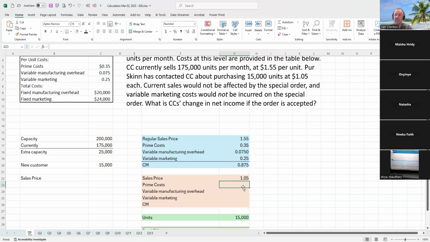Yes, 0.35. Are we going to have variable manufacturing overhead costs? Yes, 0.075.